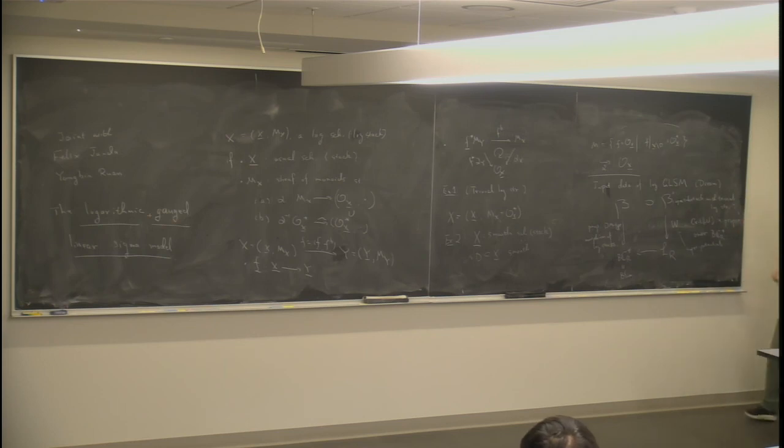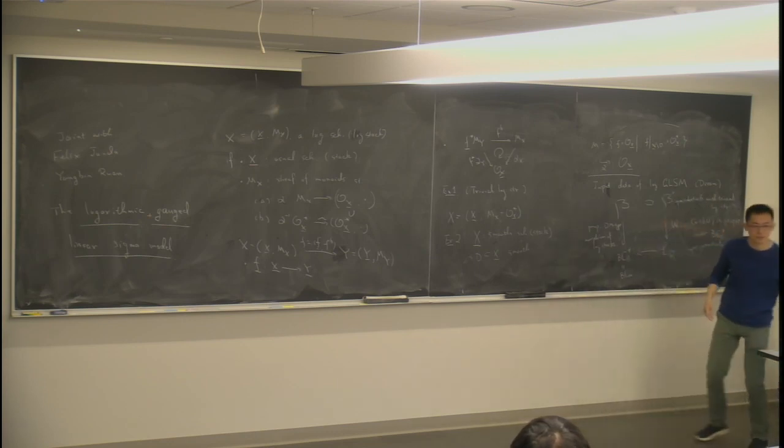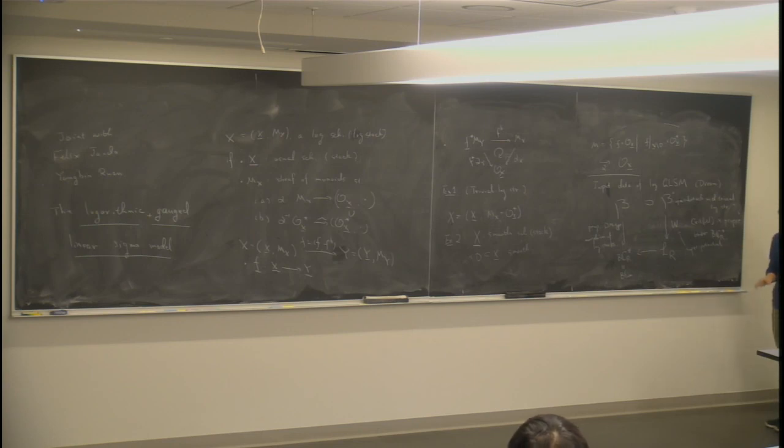But from my point of view, it's really just a morphism between two stacks, with the actual property that the critical locus is proper. What does it look like? Finite number of points or not? Well, it can be very complicated. But in that situation, it recovers the critical locus. It can be complicated.